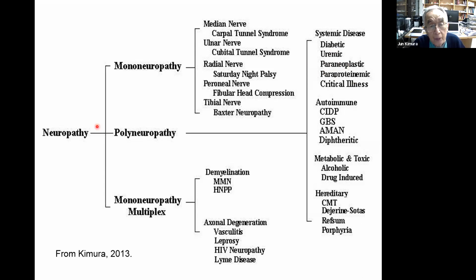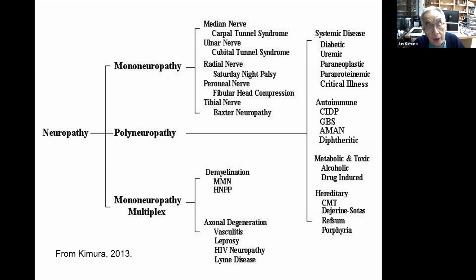And also, polyneuropathy can be autoimmune, which includes Guillain-Barré and CIDP, and it could be metabolic or toxic, like alcoholic neuropathy, or it could be hereditary. This is a large part of our patients, as well as Charcot-Marie-Tooth.